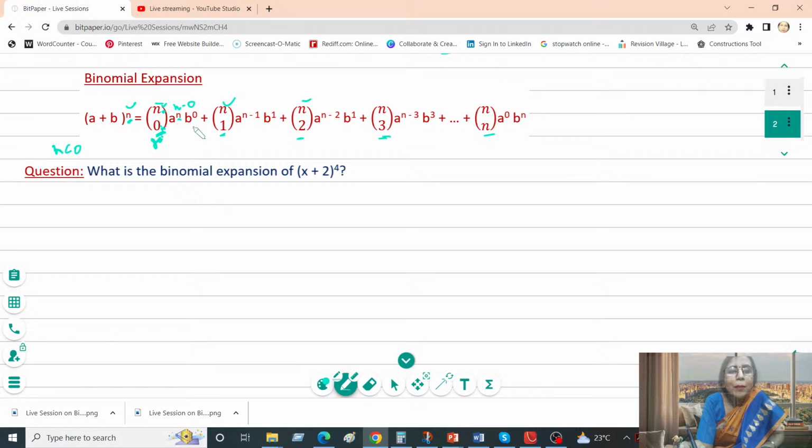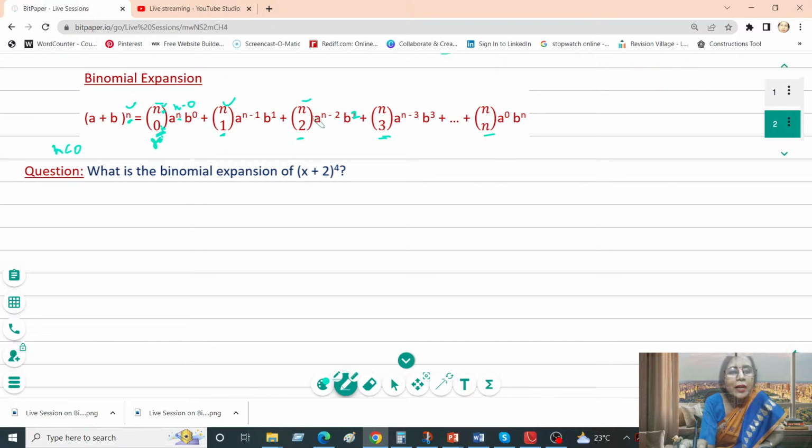And the power of B starts with 0 in the first term and goes on increasing: 0, 1, 2, 3, and ultimately it is b to the power of n. Okay? And the numerical coefficients are nC0, nC1, nC2, nC3 up to nCn.